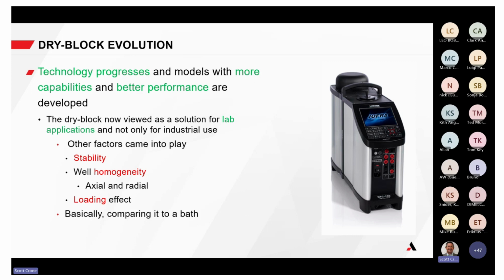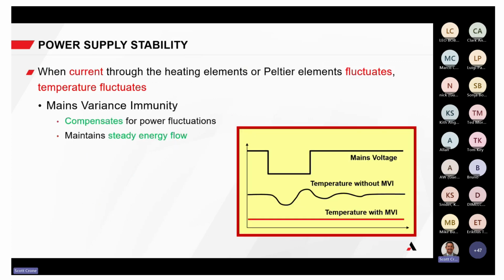So we had to come up with different ways to address that kind of an effect, and basically comparing the dry block to a bath. So this is what the customers wanted, and here's how we embarked upon making it happen. Power supply stability. So the first thing we had to address was a lot of the industrial dry block applications were in areas where you had large machinery cycling on and off, such as in a power plant or in a steel mill.